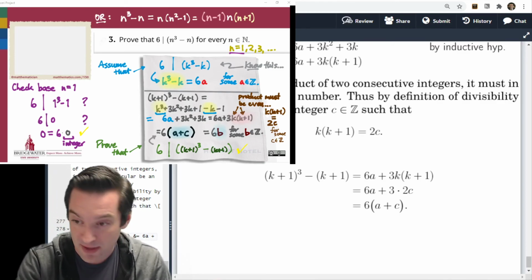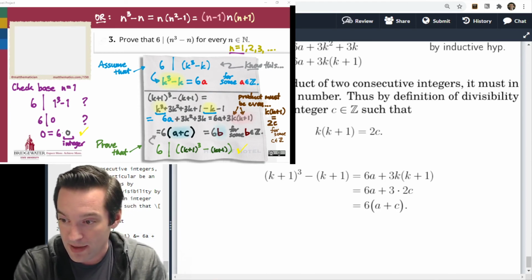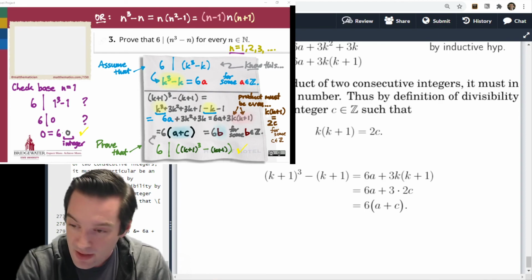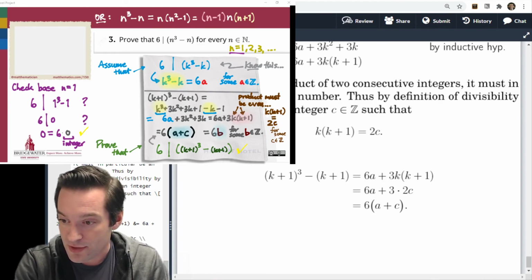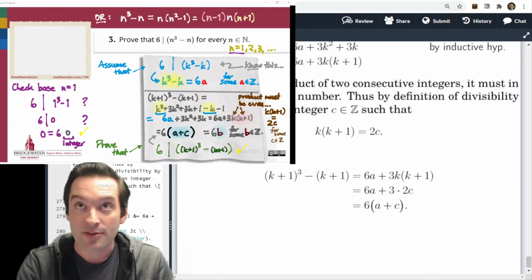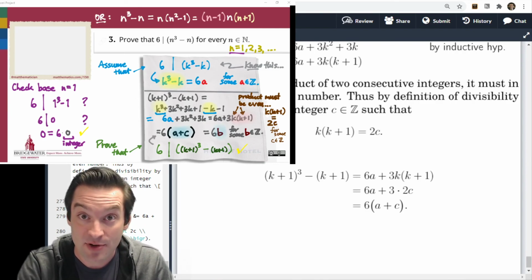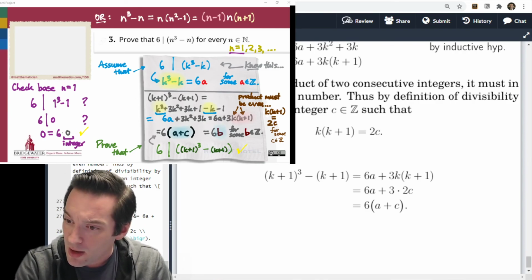So this is the place to make that connection for the reader. Since a and c are integers by assumption, and the sum of any two integers is again an integer, which is also a statement that kind of requires some proof, but that proof is outside the scope of our course. That's the kind of question you sweat in abstract algebra quite a bit.